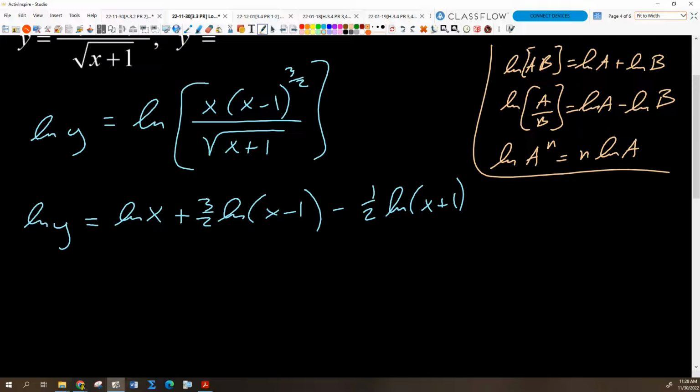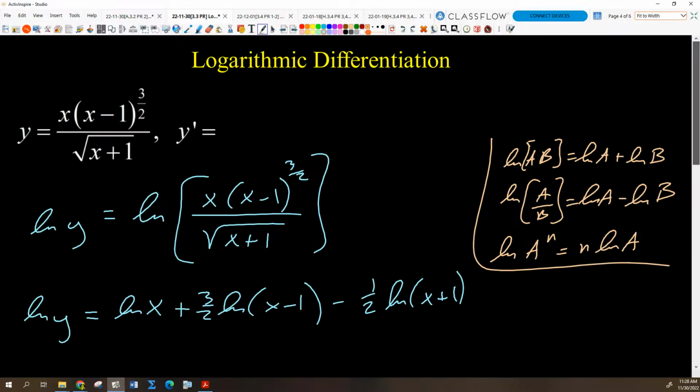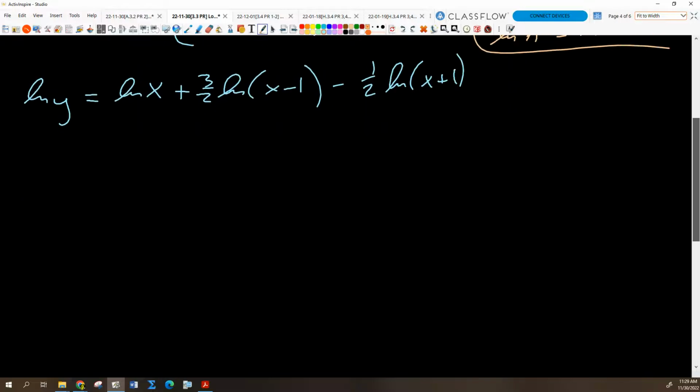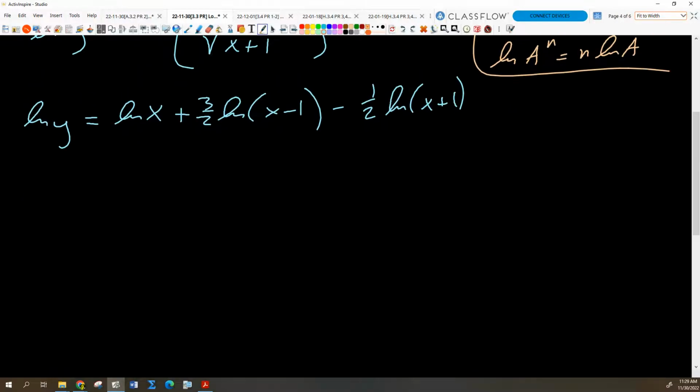Now what? Remember, we're trying to differentiate this thing, right? We're trying to find y prime. So now what? Differentiate how? How would you describe that? What we're doing? What would we call this process in math? Yeah, we're going to differentiate implicitly with respect to x.